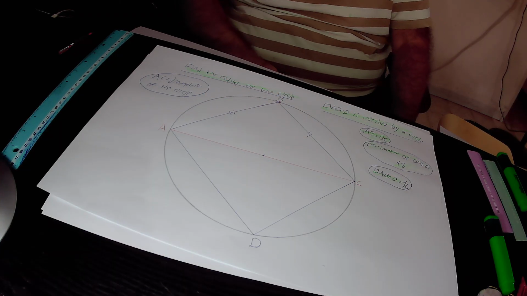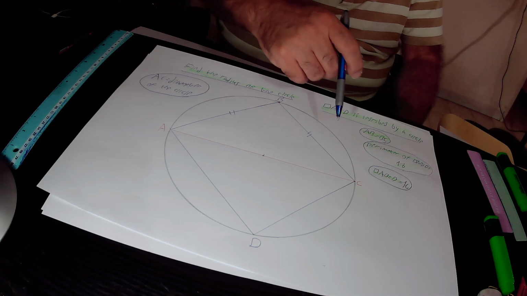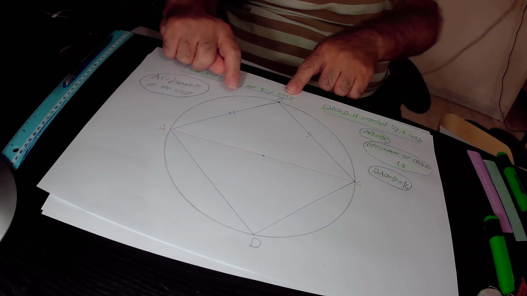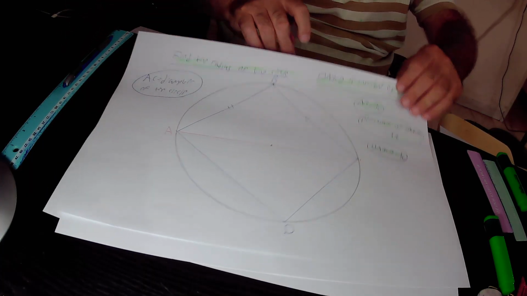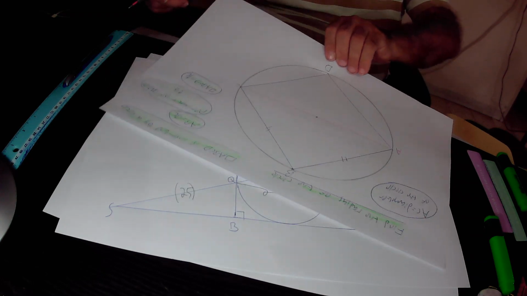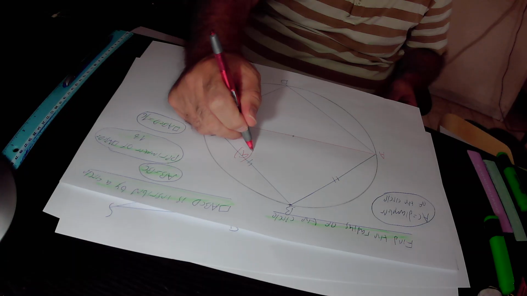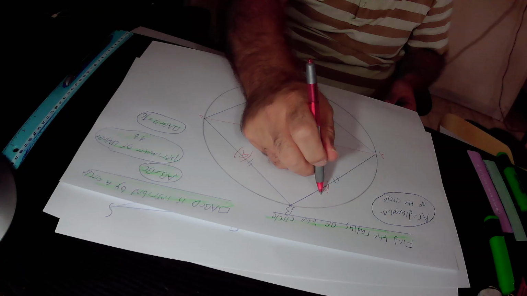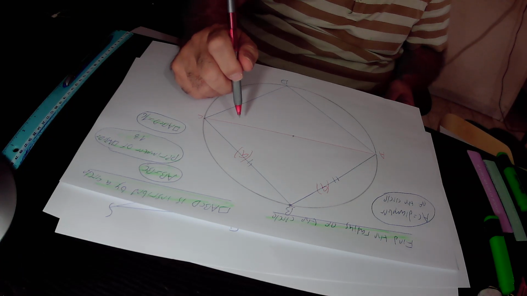So first of all, we define the side lengths of quadrilateral ABCD with letters. We define the length of side AB as A. Because AB equals BC, it means that BC must also be equal to A units in its length.